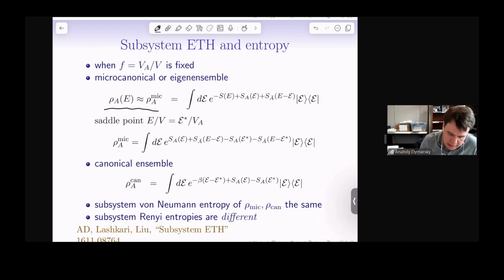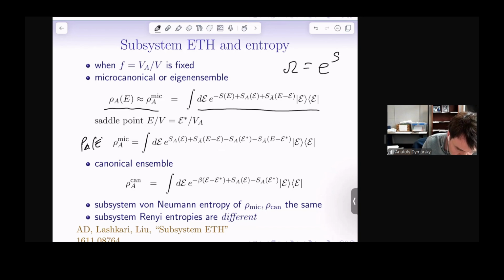You basically use the formula from the previous slide, and instead of the densities of states omega, I use entropies, where entropy is literally the natural logarithm of the density of states. And then you have this nice integral, which calculates the reduced density matrix. And then you can simplify this integral by doing the saddle point approximation. And as a result, you will have the following formula for the reduced density matrix. This is the final result.